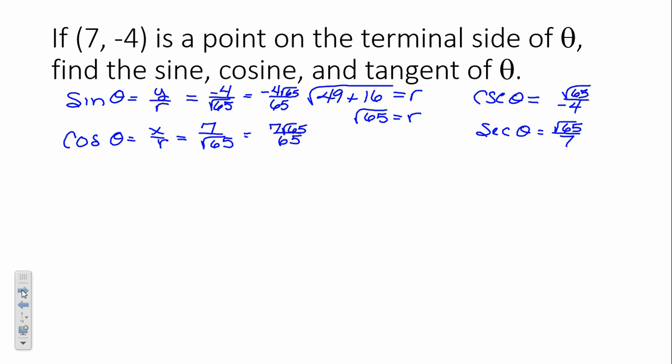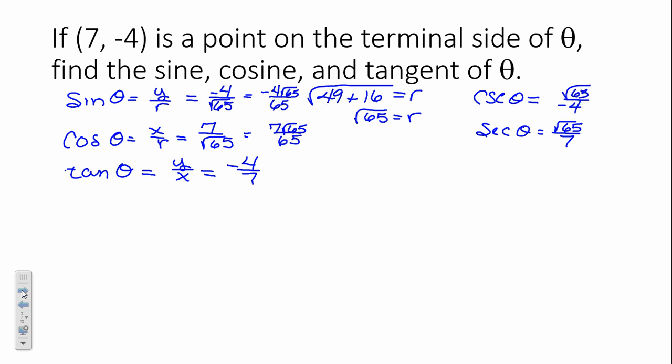Okay? Tangent. y over x over r. The r's go away, we'll get y over x. You can't if you don't remember these two. So y over x is -4 over 7.